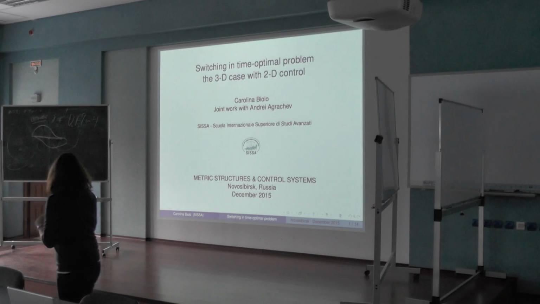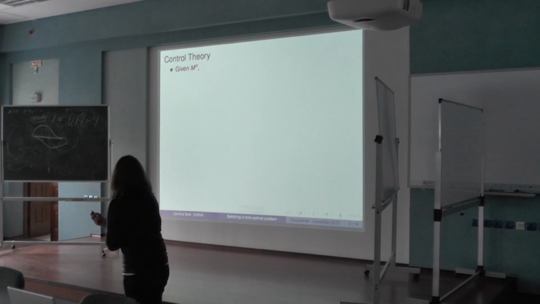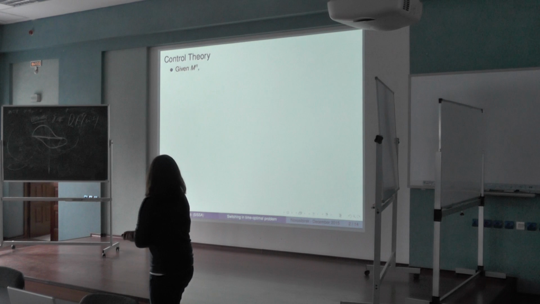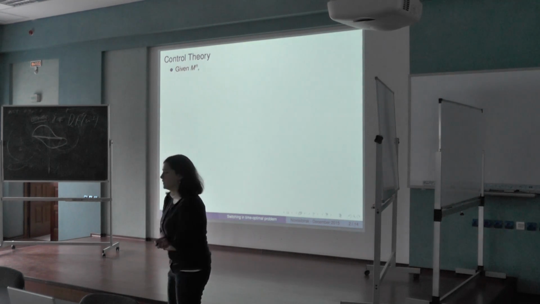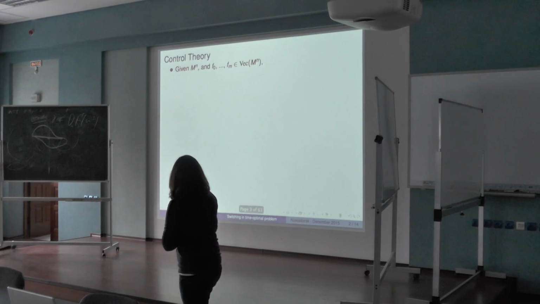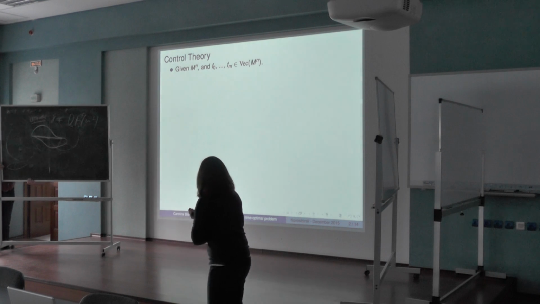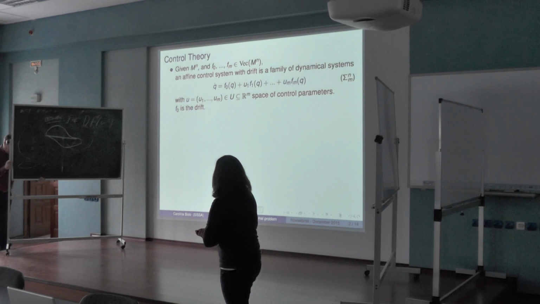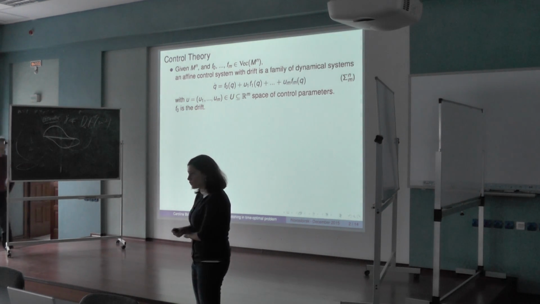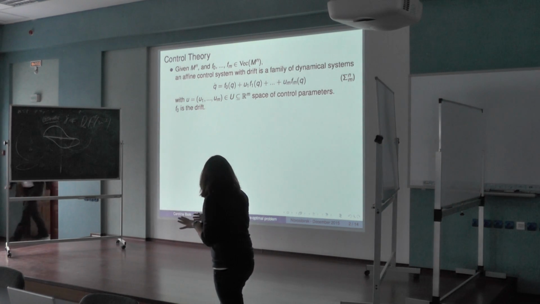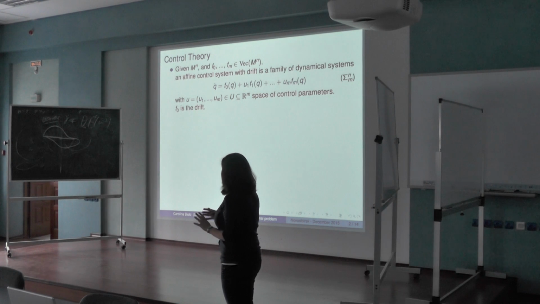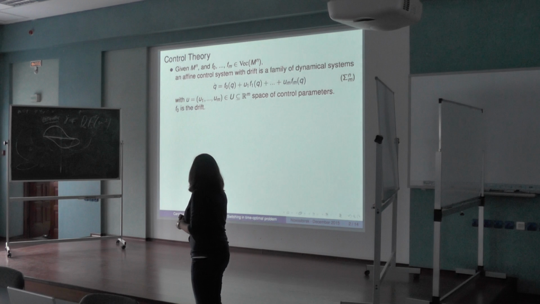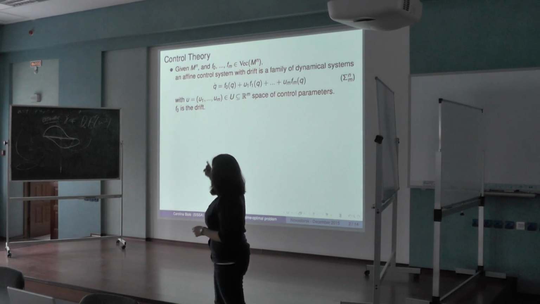Let me take some time to give a few definitions just to fix the notation. Given an n-dimensional manifold M, and given m plus 1 smooth vector fields on M, we can define what an affine control system with drift is. It is a family of dynamical systems parameterized by an m-dimensional vector u in a set U in R^m.